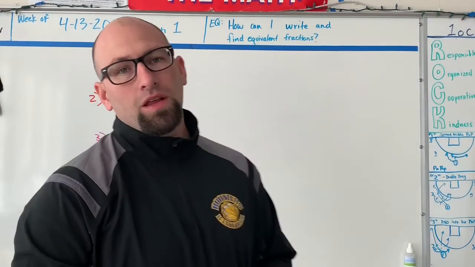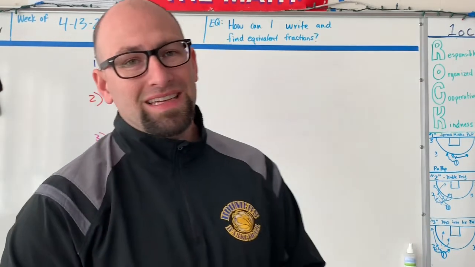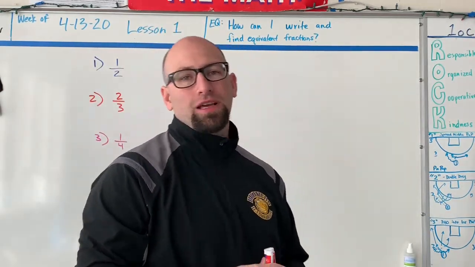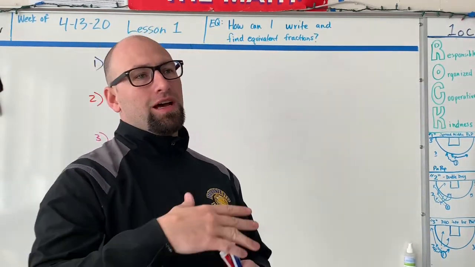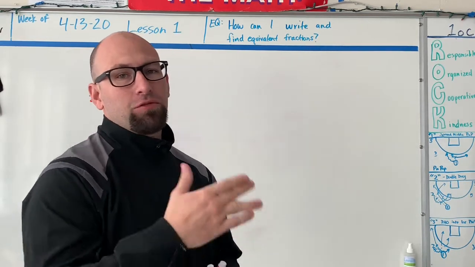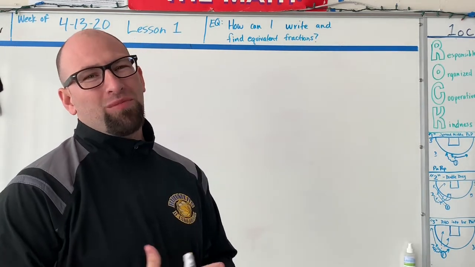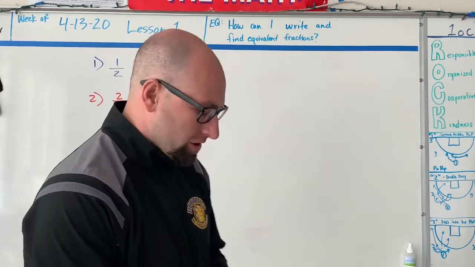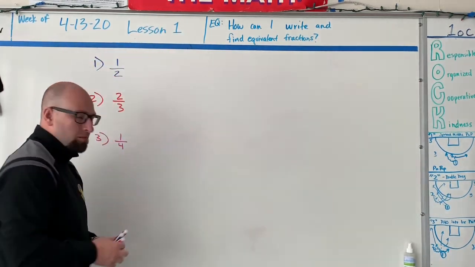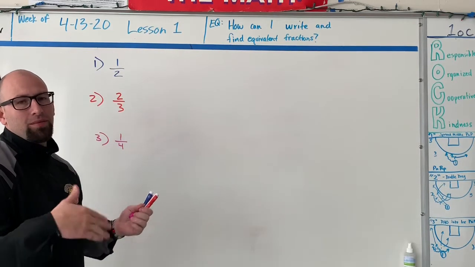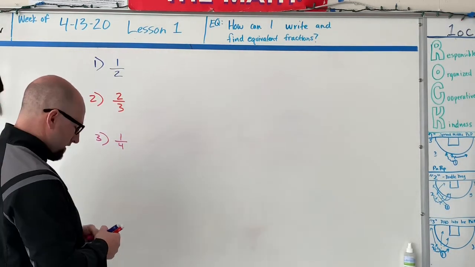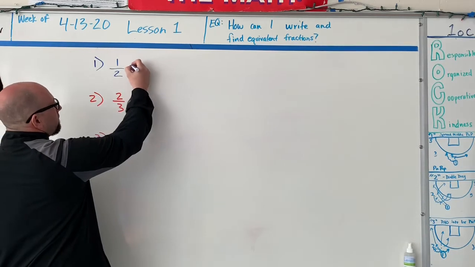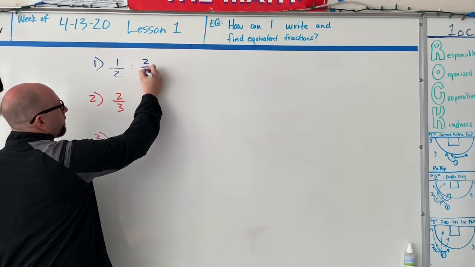All right, everybody, last thing we're going to do is make a list of equivalent fractions. We're going to start with the base fraction, the simplest form of that fraction, and then list on out. Maybe we'll go 5 or 6 on out, just so you can see what equivalent fractions are. So we'll start right here, and I'm going to multiply the denominator and the numerator by 2. So this is going to equal 2/4.